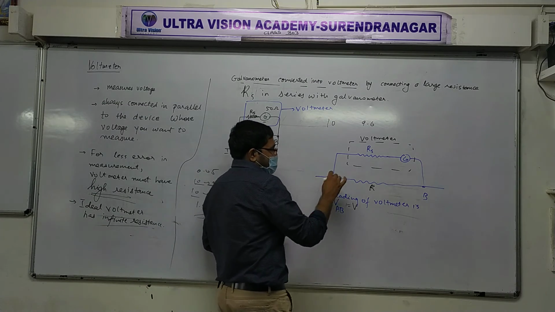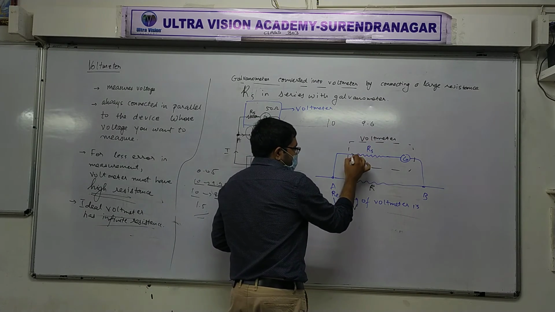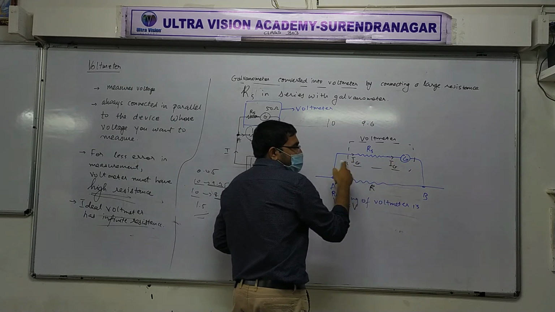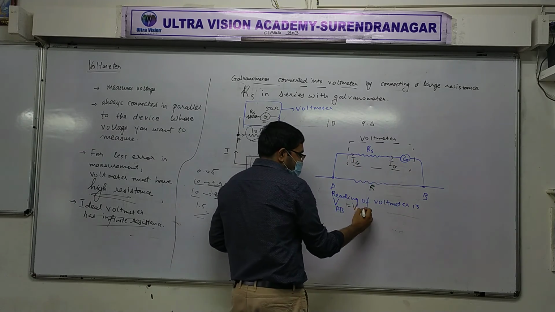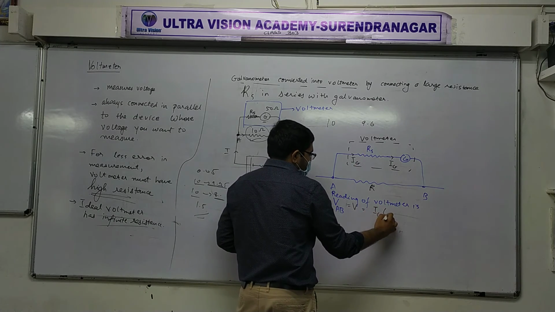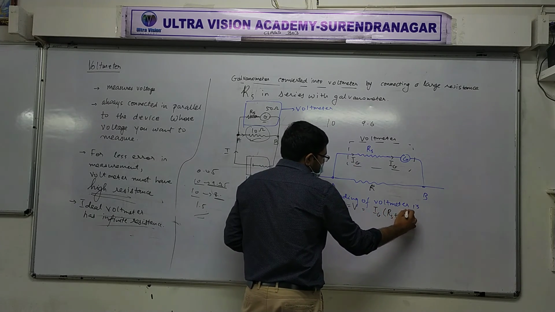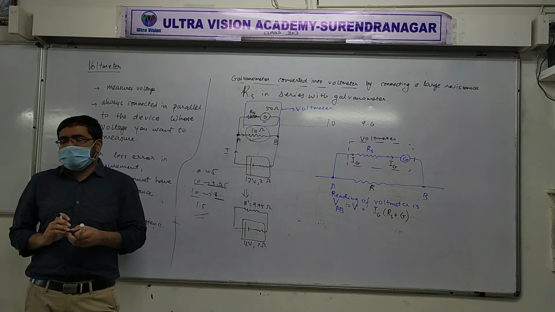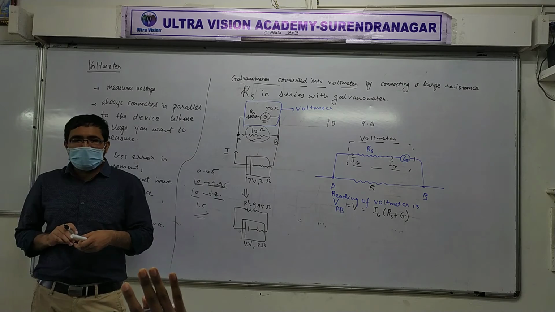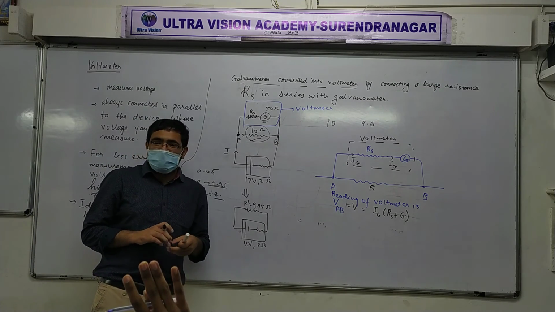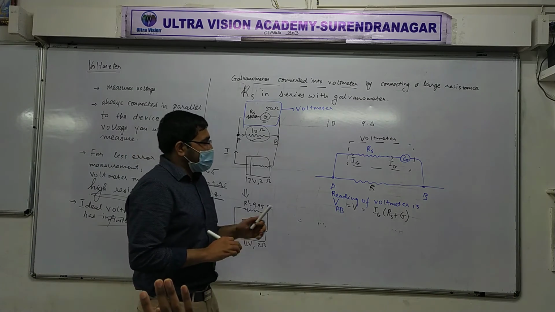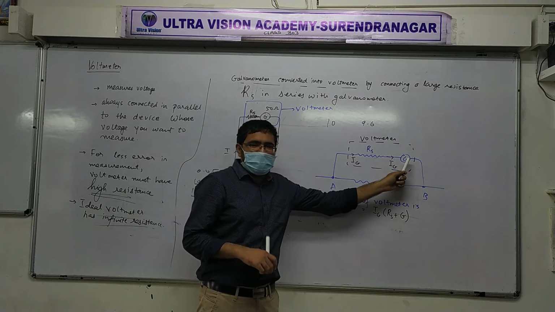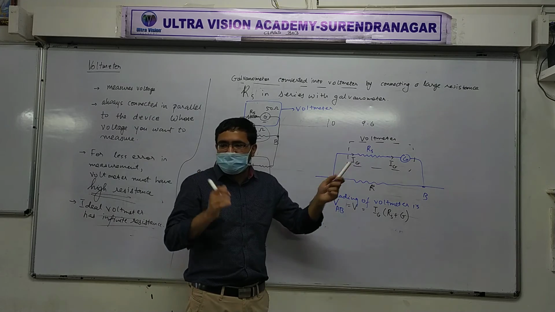Then do you agree that if current Ig flows here, why am I calling it Ig? Because this is the same current flowing through the galvanometer. Then V should be equal to Ig times (Rs plus G), where G is the resistance of the galvanometer. This is V equals I into R. Why are we calling it Ig and not I?